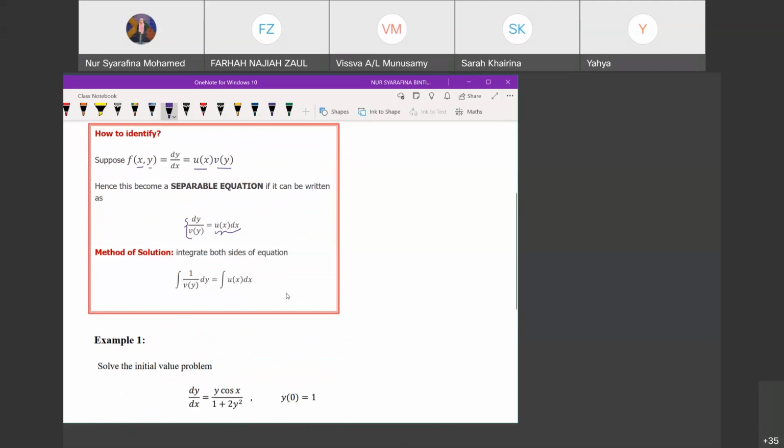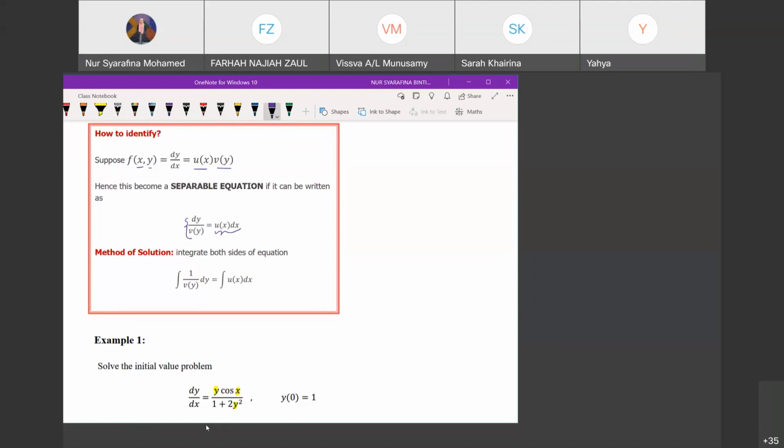Now, solve the initial value problem. Of course, you know that this is the differential equation. Now this dy/dx is in terms of y and x. First, you should check whether this function can be separated or not according to the variable. Now you have to separate the y variable with dy, x variable with dx.